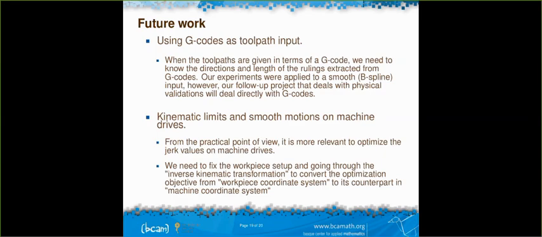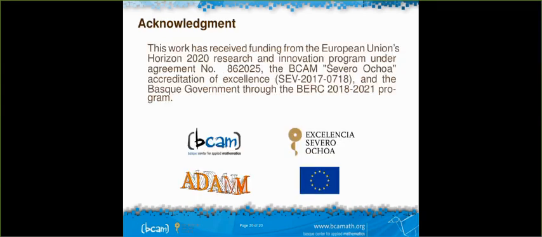For this purpose, we need to fix the workpiece setup and go through an inverse kinematic transformation to convert the optimization function from the workpiece coordinate system, what we have in this presentation, to its counterpart on the machine coordinate system, and minimize the jerk values on the machine drives. That is more important. Okay, thank you so much for attending this presentation.